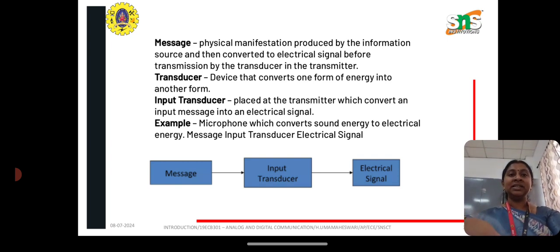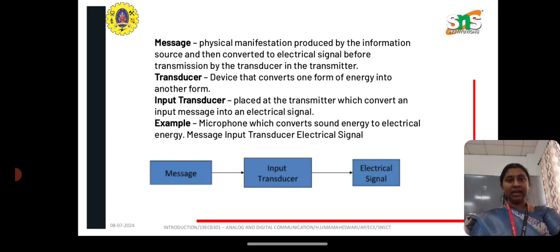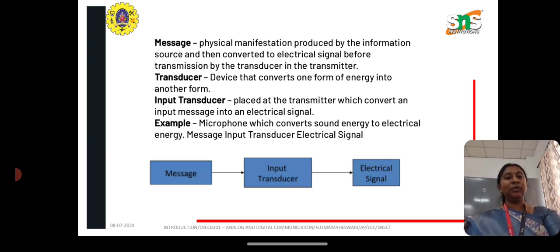Here, the message is nothing but a physical manifestation produced by the information source, and it is converted to an electrical signal before transmission by the transducer in the transmitter. Next is the transducer. It is a device which converts one form of energy into another form.